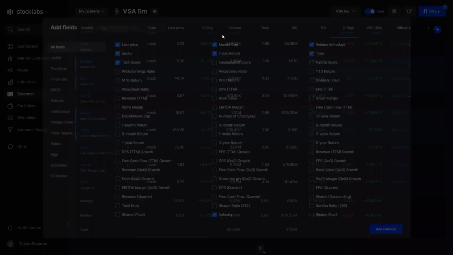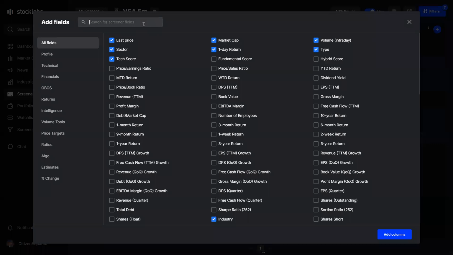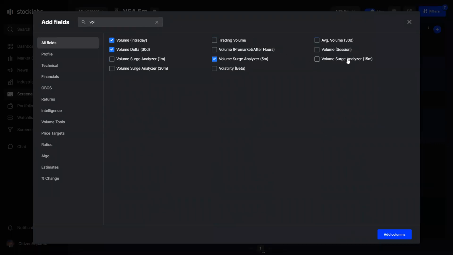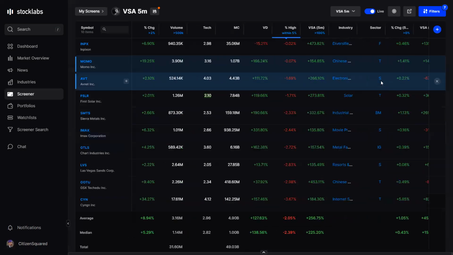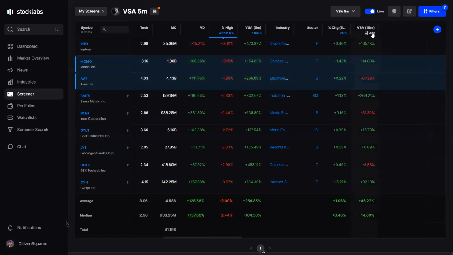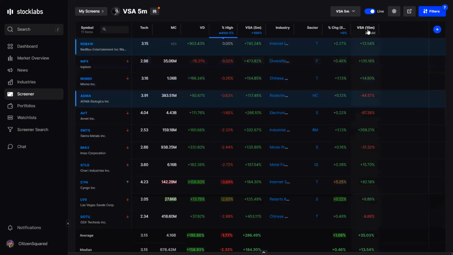If I look at 15 minute, here, this is looking at the current 15-minute candle and comparing it to the past 30 15-minute candles. So everything is by the interval that you've chosen.